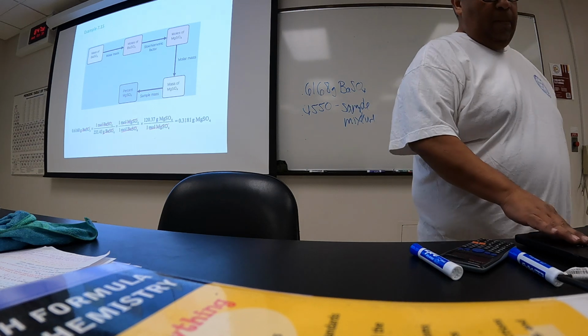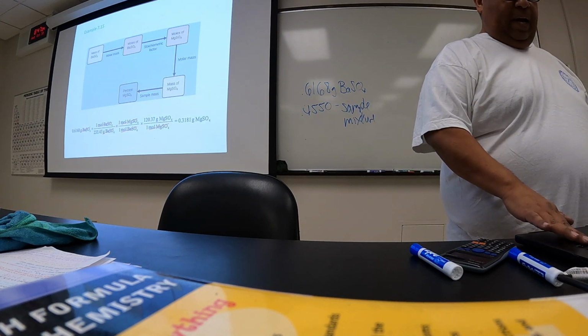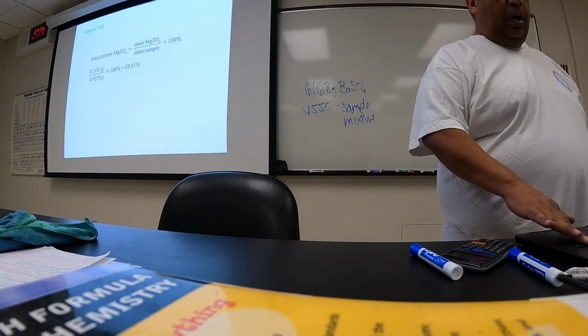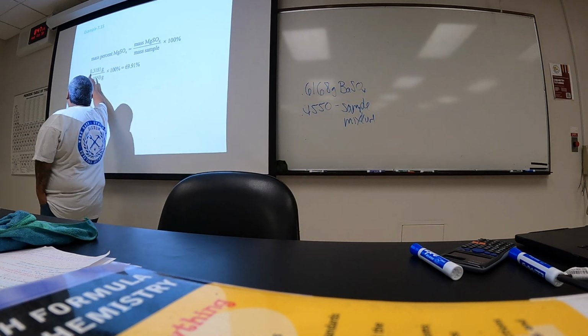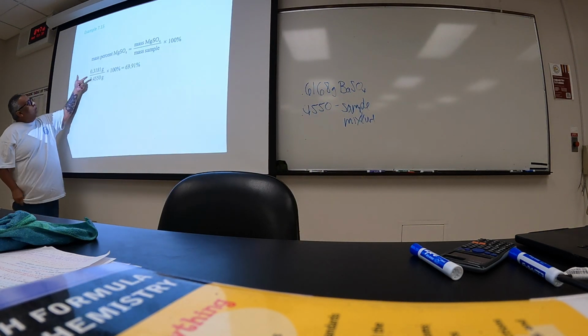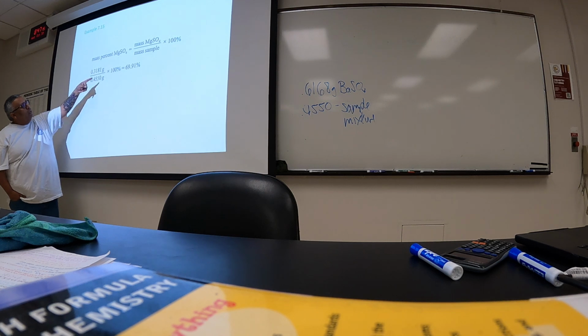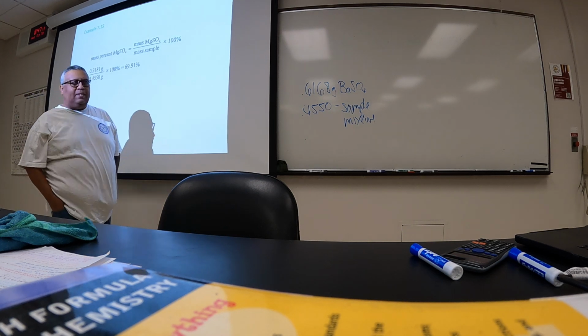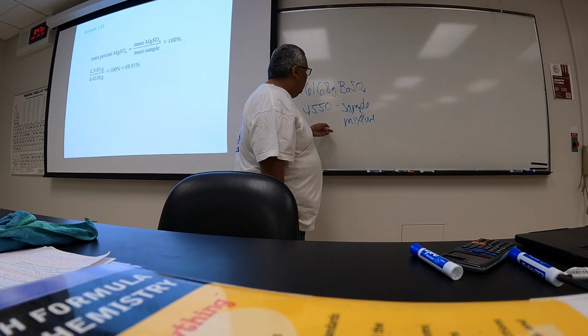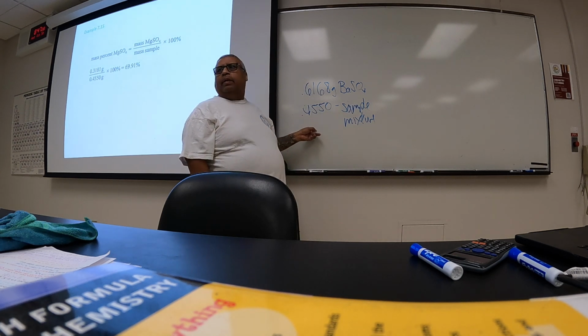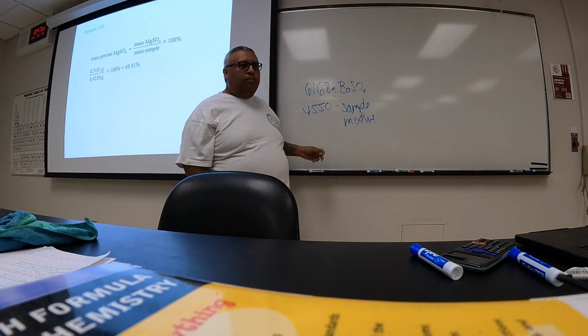Then we use our molar mass, and we have our mass of magnesium sulfate. We know what the mass of the sample is. We know what the mass of magnesium is. And we're able to calculate that 69% of this sample is magnesium sulfate.